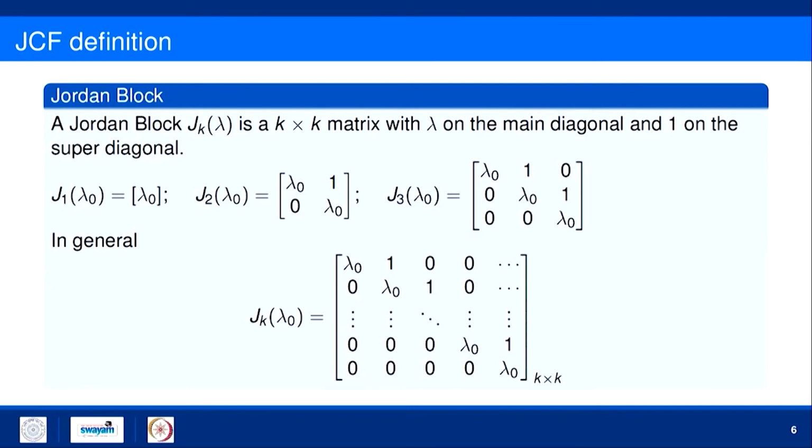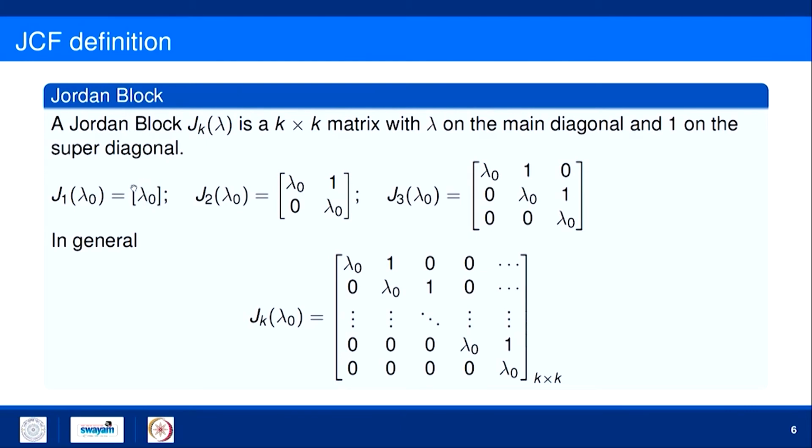Before going to Jordan canonical transformation, let us learn about Jordan blocks. A Jordan block J k lambda, where k is the size of the block and it corresponds to eigenvalue lambda, is a k by k matrix with lambda on the main diagonal and 1 on the super diagonal. For example, a Jordan block of size 1 corresponding to eigenvalue lambda 0 is just lambda 0, a 1 by 1 matrix.